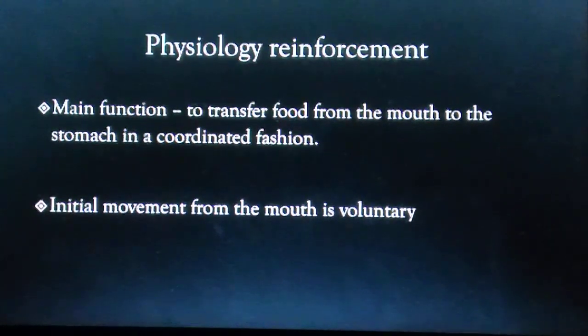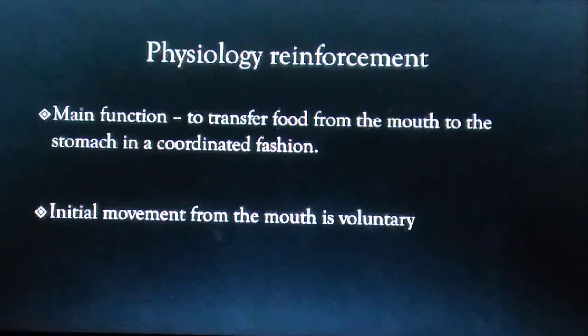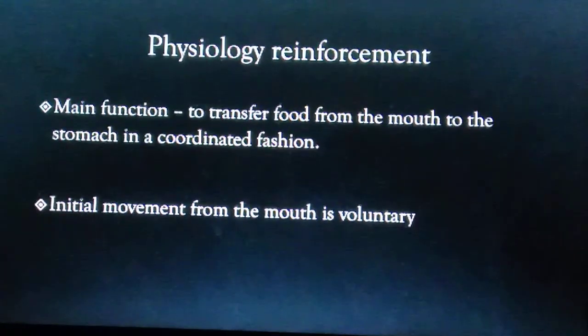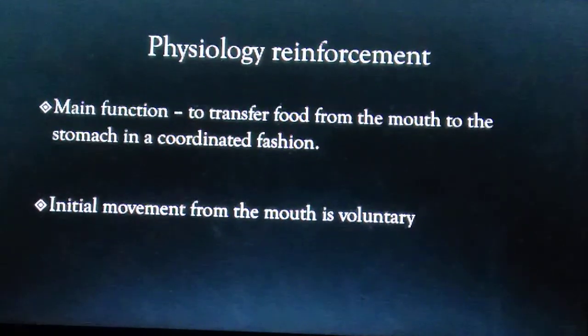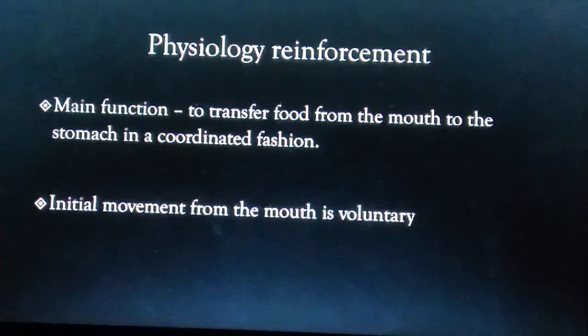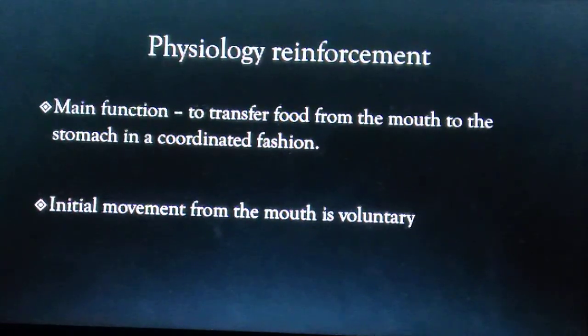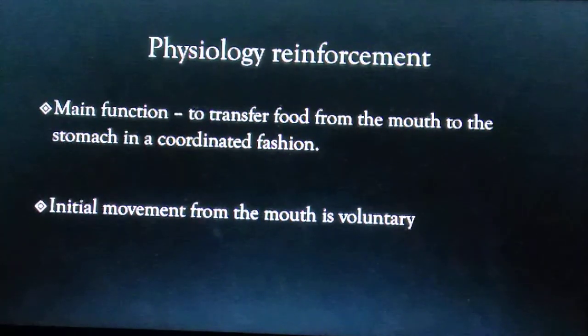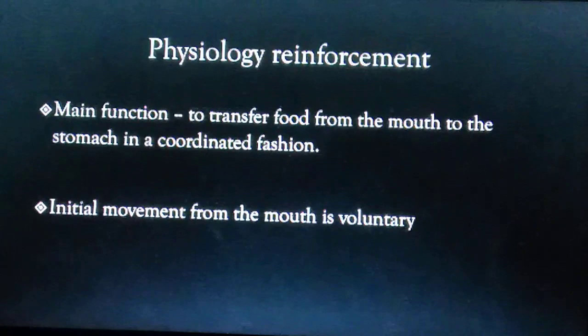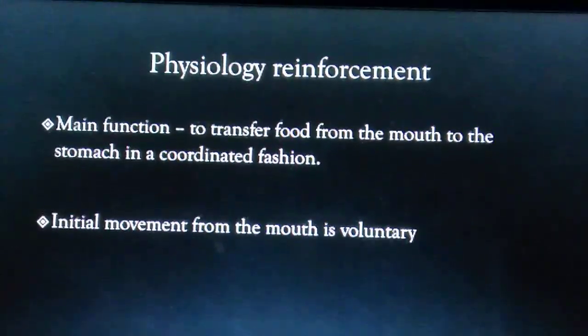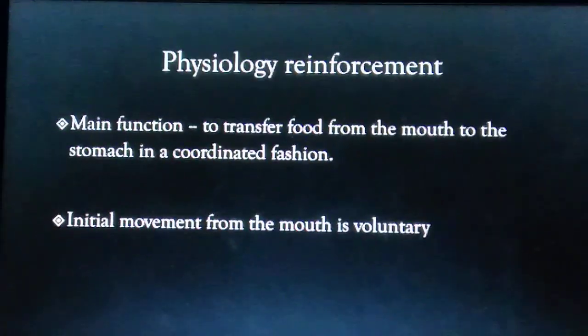Well, the main function of the esophagus is to transfer the food from the mouth to the stomach in a coordinated manner. When we start having a meal or a food bolus, the initial movement from our mouth is voluntary in nature.